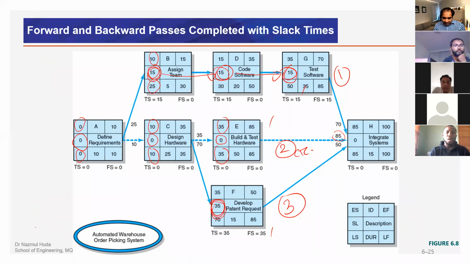If we don't use the 15 days in the first two activities, how much free slack do we have on activity G? 15, right?